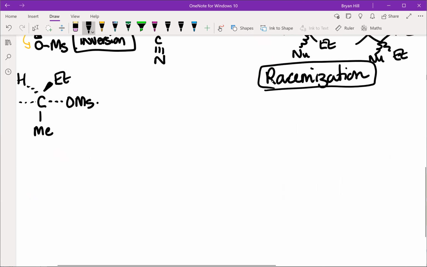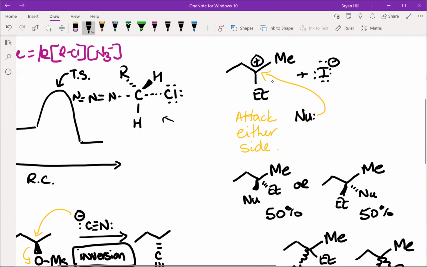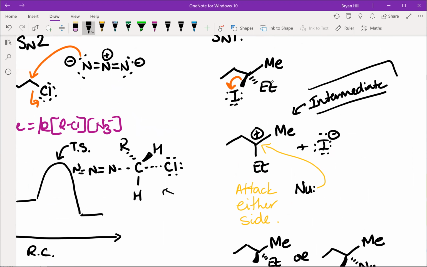Now, the energy diagram of an SN1 reaction is slightly different. Because we make this intermediate, there's another point on the diagram. In the SN2 reaction, over here, there's no intermediate. There's just a transition state, and remember, you can't isolate a transition state.